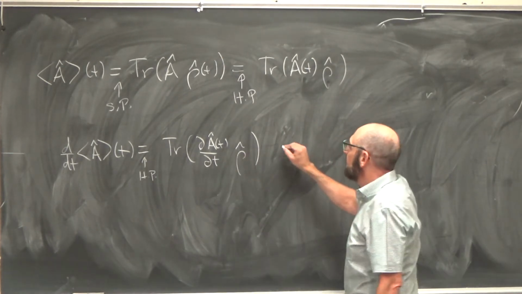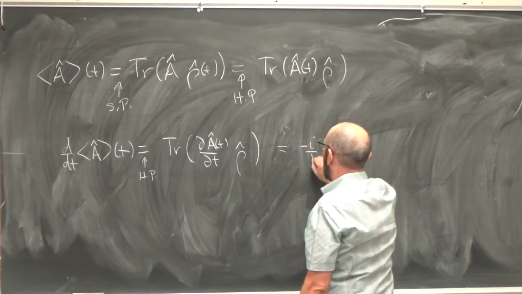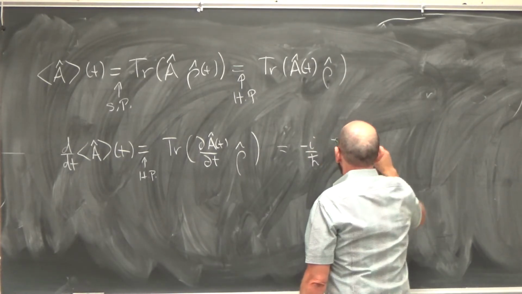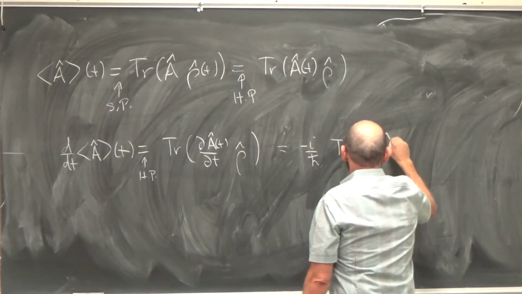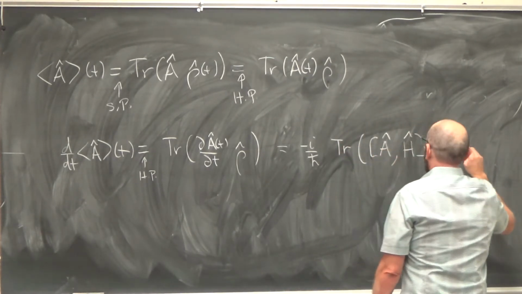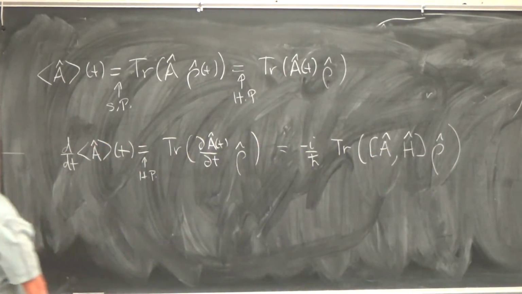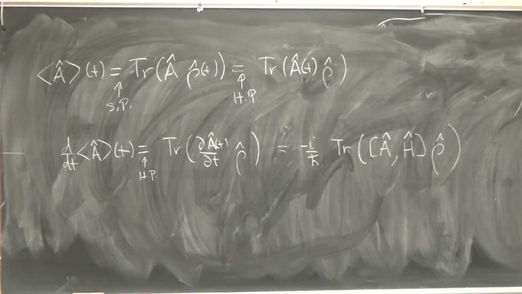And according to this, in the Heisenberg picture, this was equal to minus i over h bar, the trace of the commutator of A with H with rho, because of this equation that we wrote over here, right?